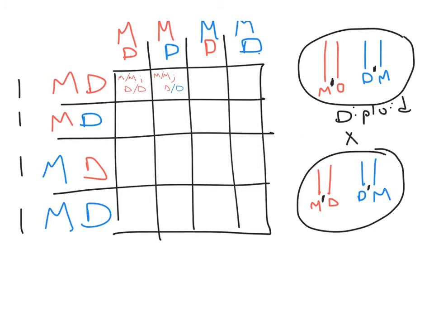And let's say the M prime allele makes you have curly hair. I'm just making stuff up. And let's say the D prime allele gives you blue eyes. Maybe I should have said red hair. That'll be easier to remember, right? That would help us now when we're looking at this.